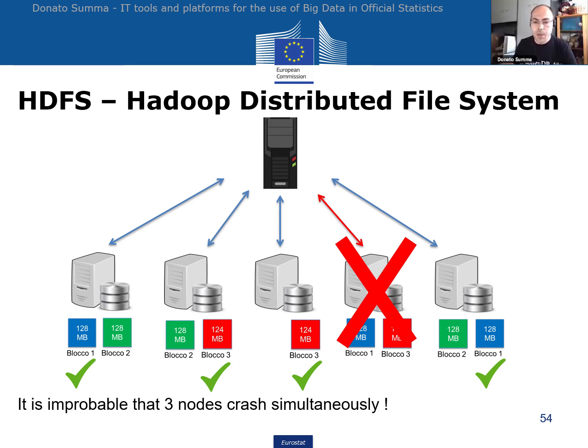So if a data node goes down, it will still be possible to retrieve all the data that we stored into our distributed file system, because it's really improbable that 3 nodes by default crash simultaneously. That's the idea behind the Hadoop distributed file system.